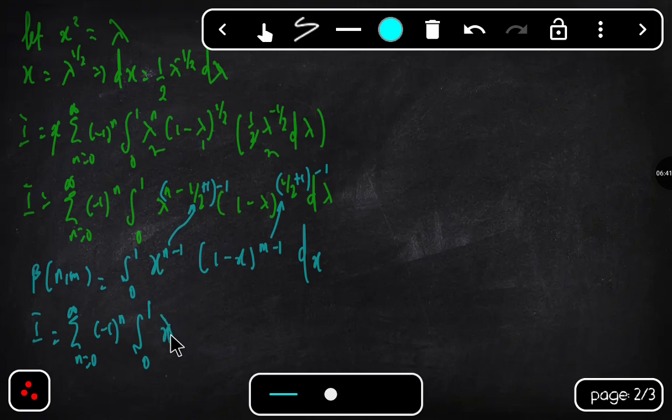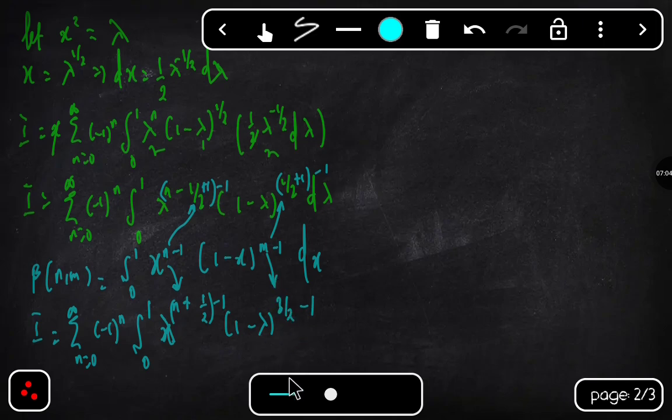So this is lambda rather. So we have lambda raised to the power of n plus half, then 1 minus lambda, then raised to the power of half plus 1 will give us 3 over 2, then minus 1. So that shows that the value of n right here, don't forget negative 1 right here, is n plus half, and the value of m right here is 3 over 2.